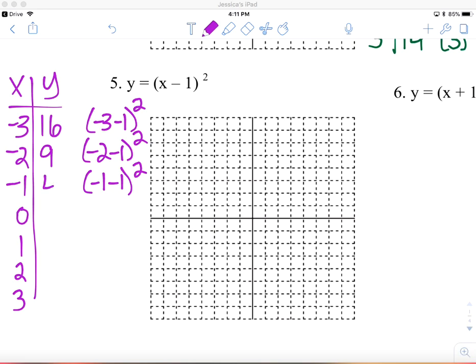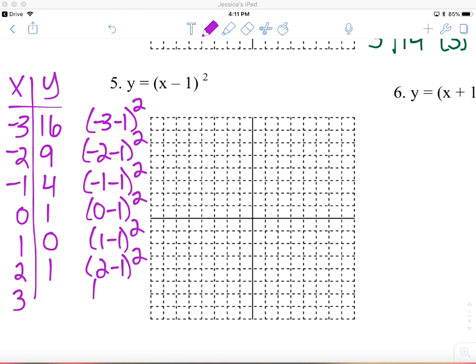Negative 2 squared is 4. 0 minus 1 is negative 1. Negative 1 squared is 1. 1 minus 1 is 0. 0 squared is 0. 2 minus 1 is 1. 1 squared is 1. 3 minus 1 is 2.